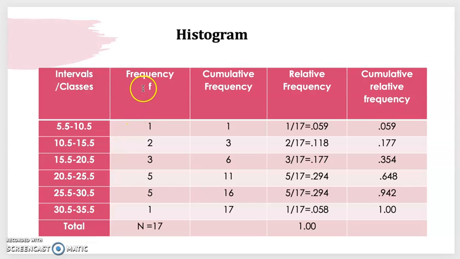Then we see how many numbers are in each. We have 1, 7, so we put the frequency 1. Then we have 2 falling between 10 and 15. That's where we organize that. The total is N.